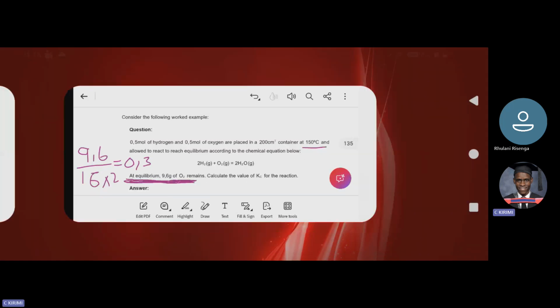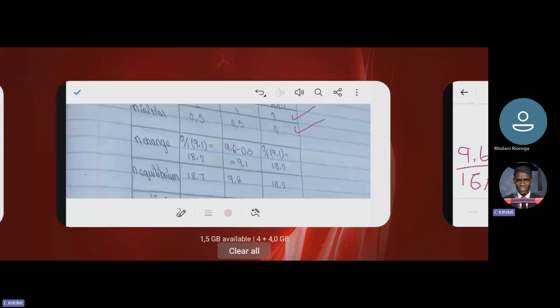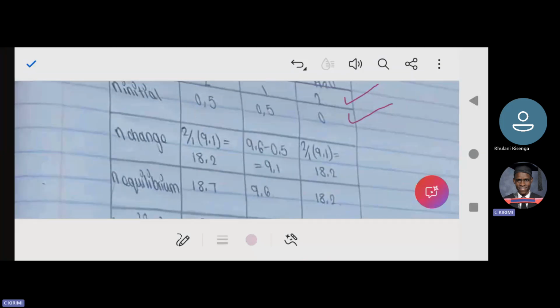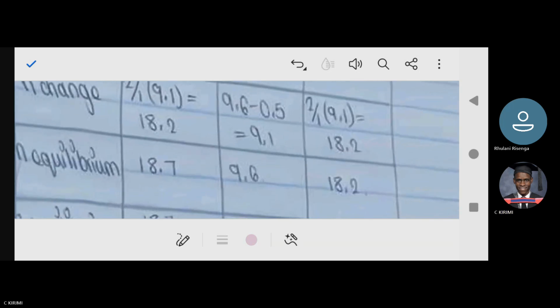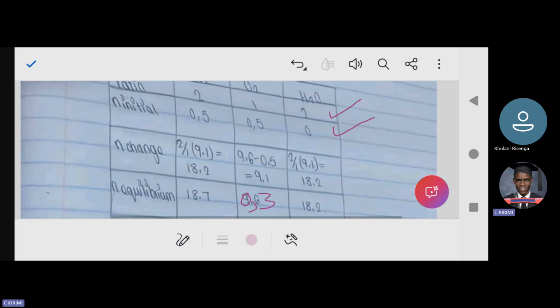So which means on your table here, the number of moles of oxygen at equilibrium we are having 0.3. So now you work in reverse.